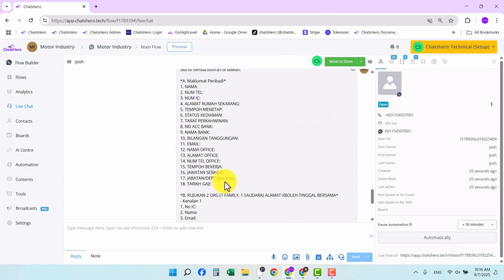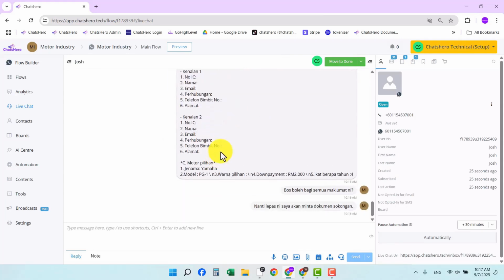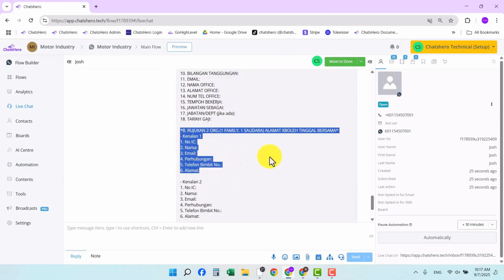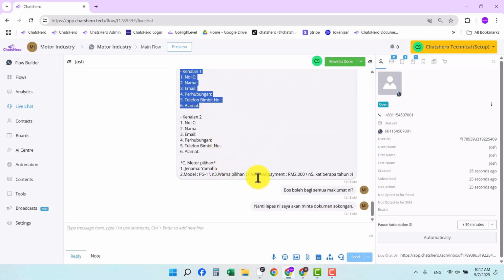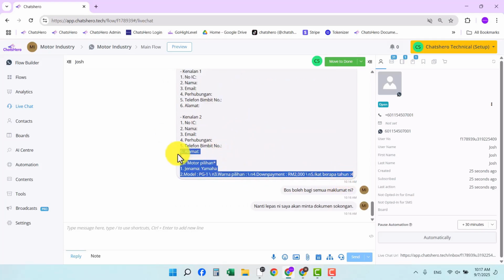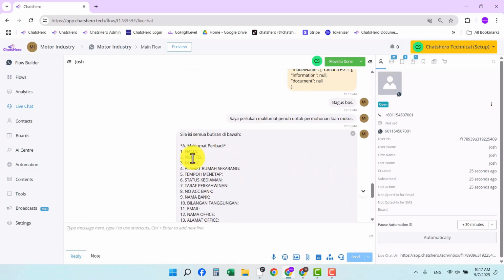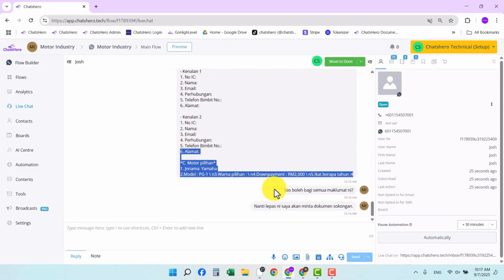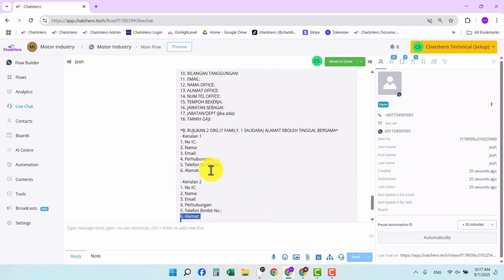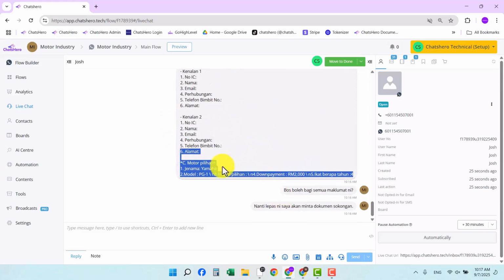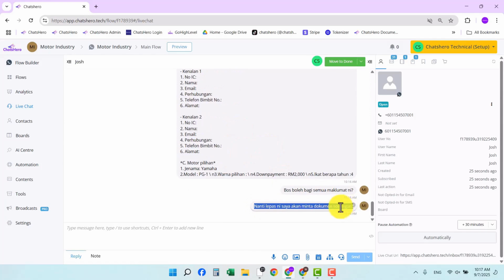Okay, fill in things like their personal details and then guarantor information from their family members and so on. Okay, so all these things can be handled by the AI itself, meaning it can request and collect this information from the customer. So after the customer has provided all this information, you can then directly hand it over to your real staff for further follow-up.